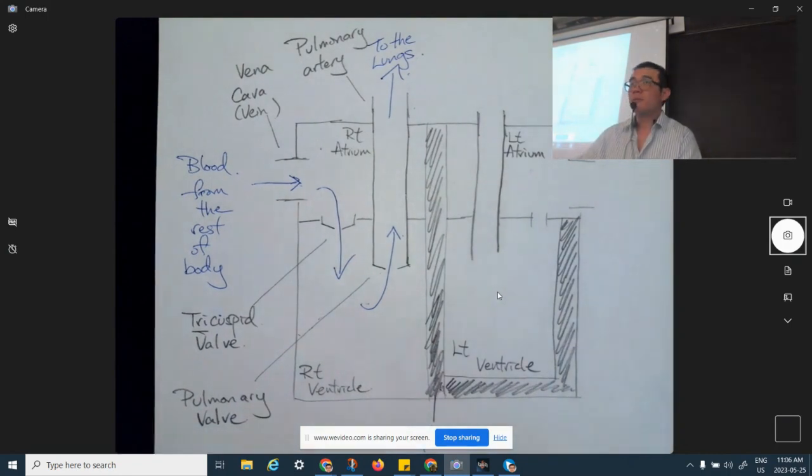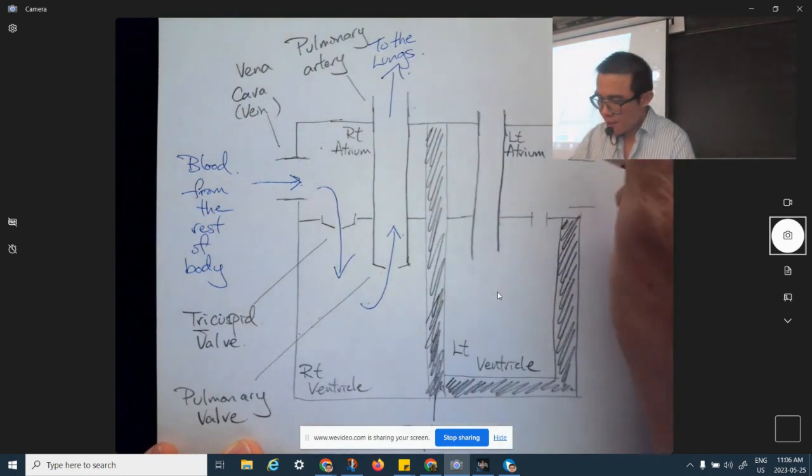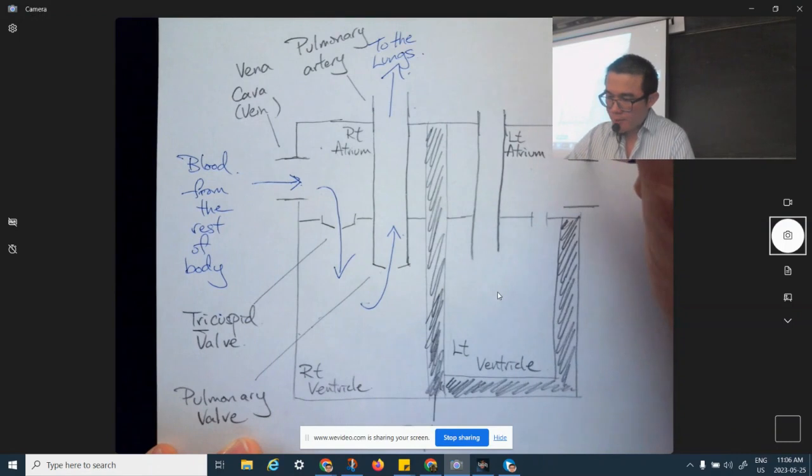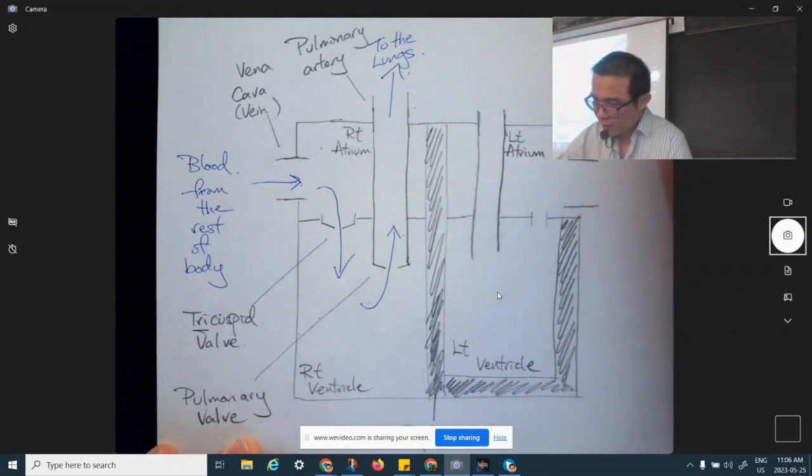Now, once the blood gets oxygenated, it has to come back. So in this case, it goes through another blood vessel on the opposite side. This side here is the pulmonary vein. Pulmonary vein.